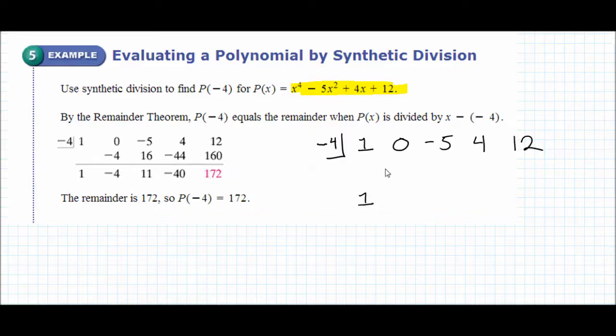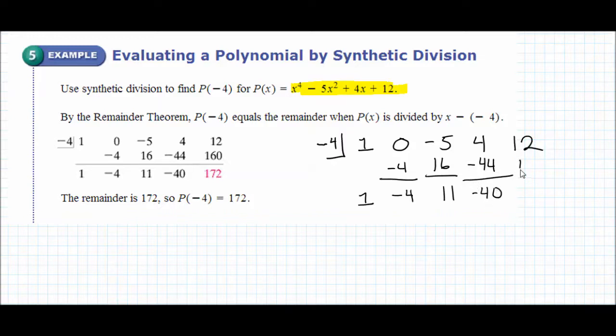Negative 4 times 1 is negative 4. Negative 4 plus 0 is negative 4. Negative 4 times negative 4 is 16. Negative 5 plus 16 is 11. Negative 4 times 11 is negative 44. Negative 44 plus 4 is negative 40.